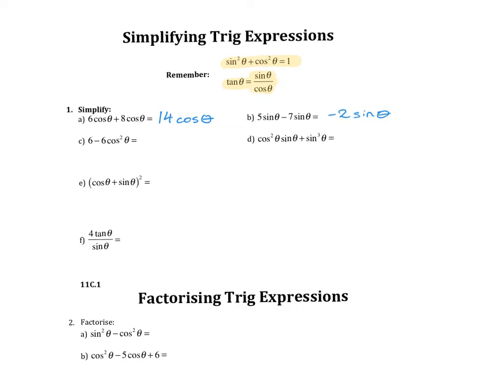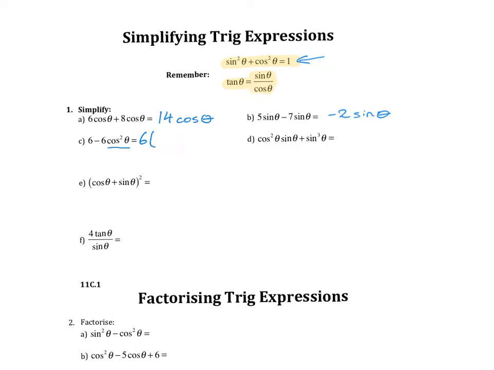Okay, for the next one, 6 minus 6 cos squared theta. At the moment, hopefully what you'll notice is cos is being squared, and hopefully that makes you think you might need to use this first identity. To easily recognize it, factorize the 6 out, so what's left in the brackets looks a bit more like the identity.